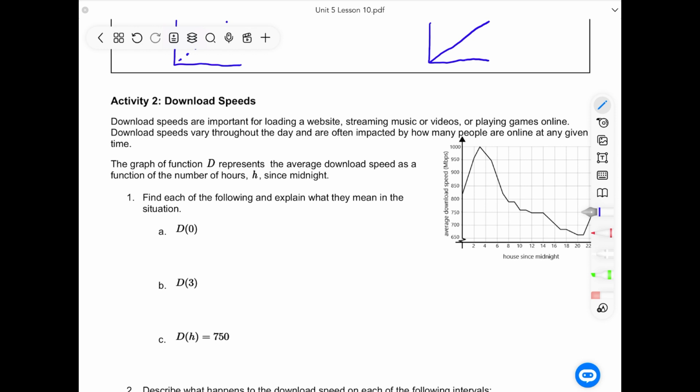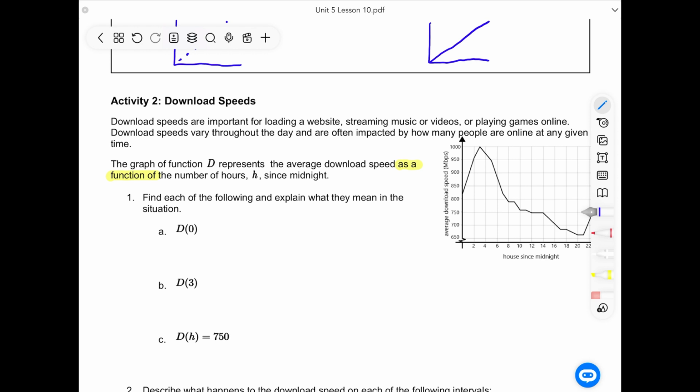The graph of function d represents the average download speed as a function of, again, I'm going to pause anytime I see that phrase, highlight it, as a function of the number of hours since midnight. So, as we've discussed in my class, the output is always a function of the input.